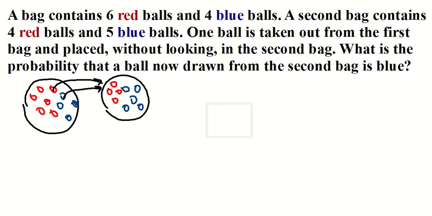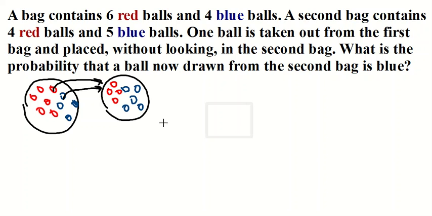Because we are not looking, we don't know which ball we are choosing exactly. So after placing a ball, it is important to note that if we are taking the red ball out of the first bag, the number of red balls in the second bag will increase by 1, and if we are taking the blue ball from the first bag, the number of blue balls in the second bag will increase by 1.